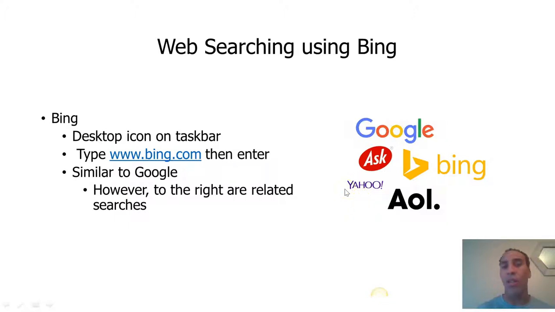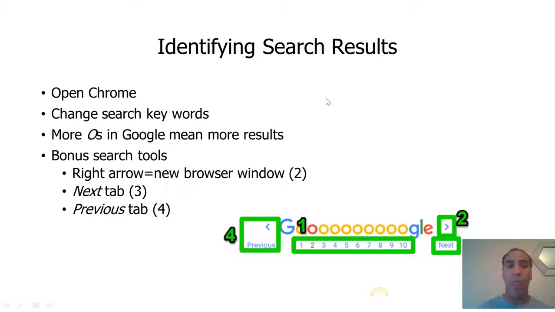I'll tell you, I use Google, right? I don't think I'll be switching anytime soon. Back in the day, you might have used Ask Jeeves here and there. Might use Yahoo with the email, but I did try Bing out for a little bit, but for my purposes, I'm sticking with Google. But don't let that make you biased in terms of which one you like. It just works better for me.